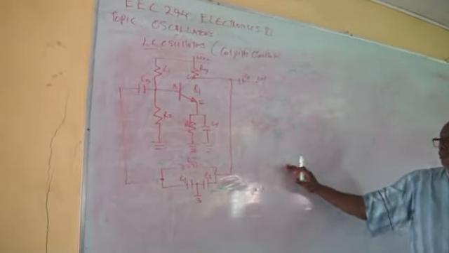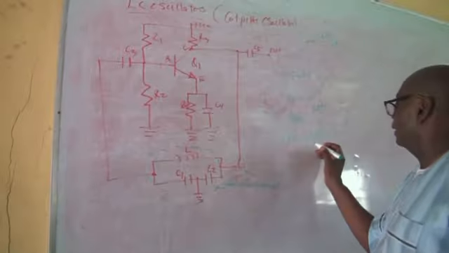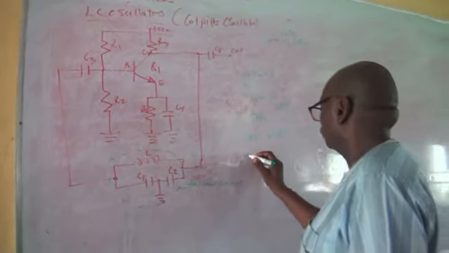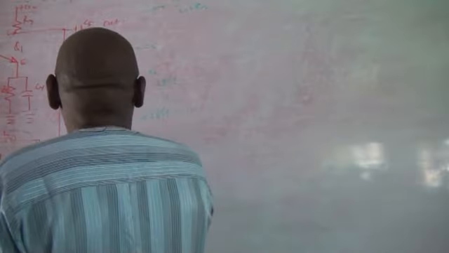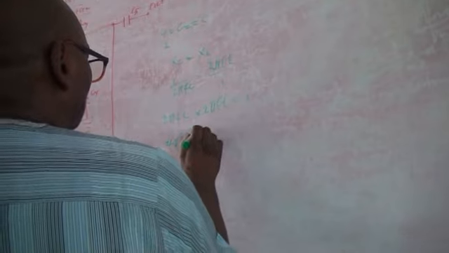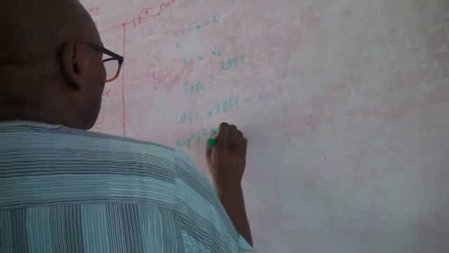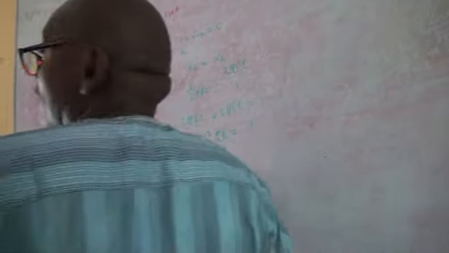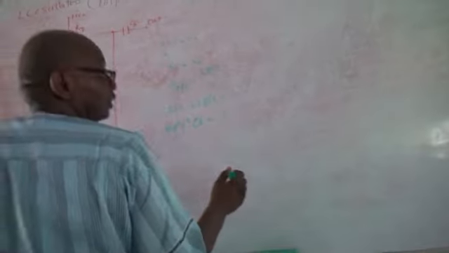I'm going to explain the secret. I just want to prove something for you here. So now, if 2 times 2, if this is going to multiply itself, you are going to have 4 pi squared F squared CL equals 1. But your problem is the frequency, right? It's the frequency that you want to deal with.